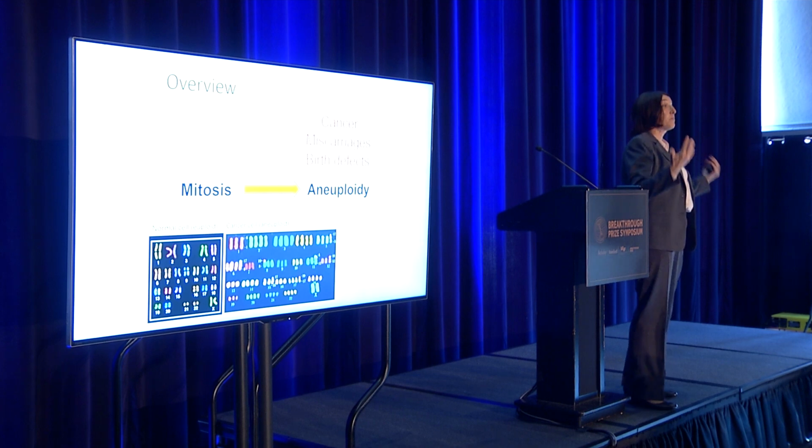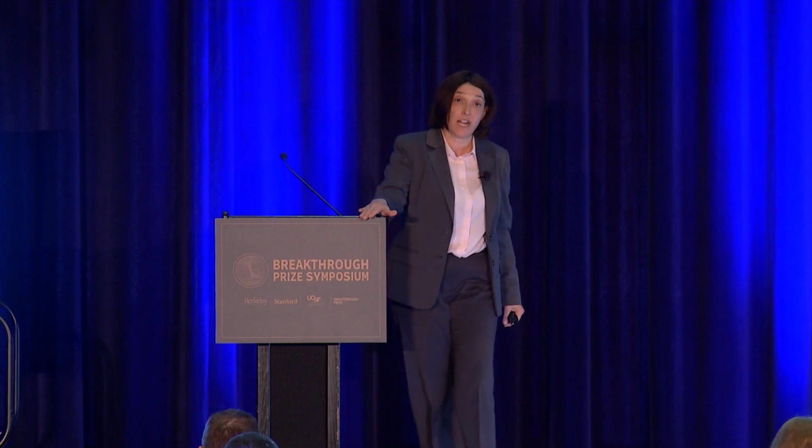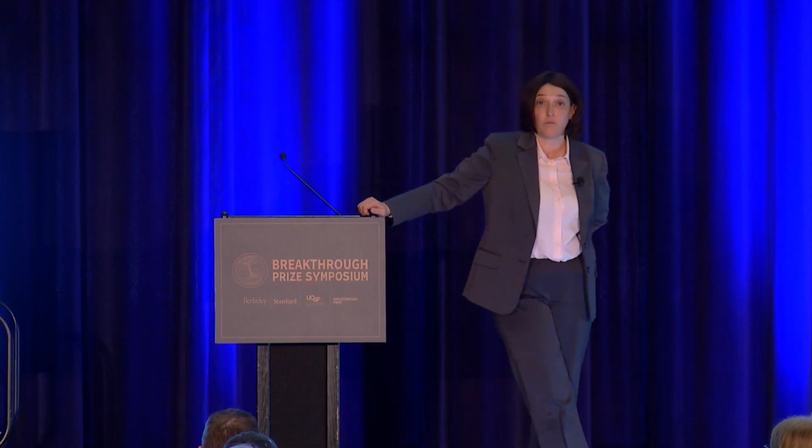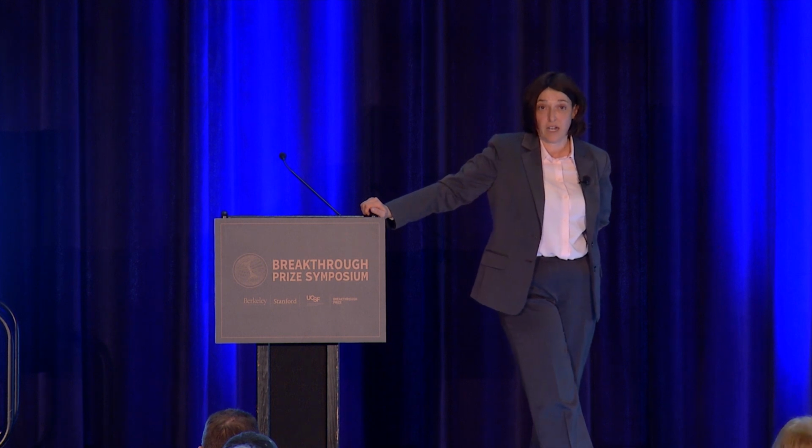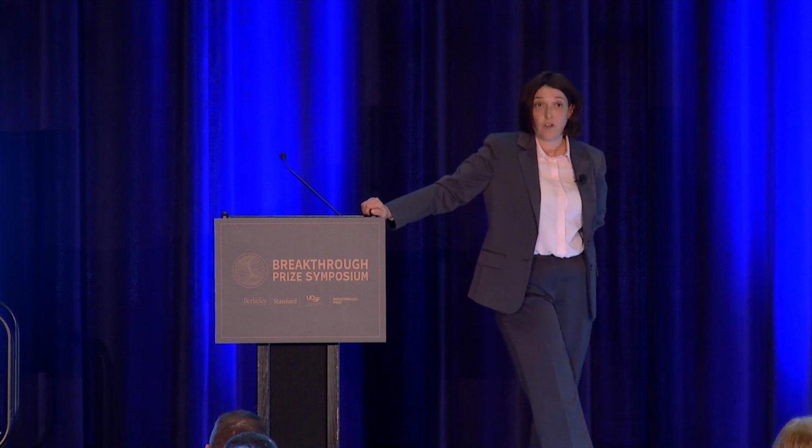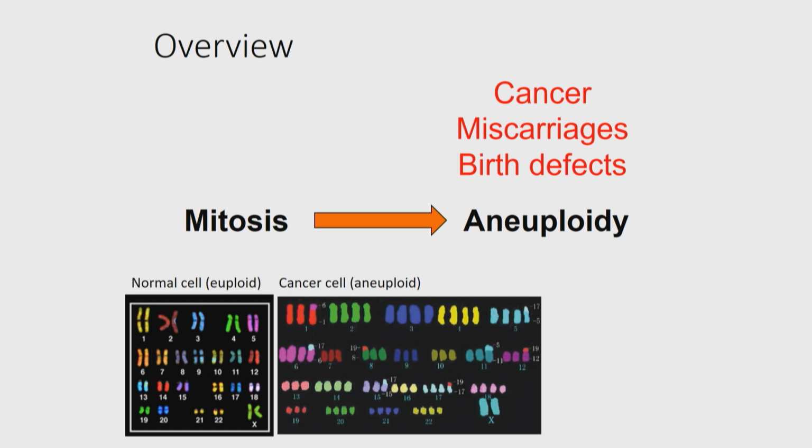There's another mutation that is characterized by being hyperactive. It's a mutation in the gene RAS. About 30% of human tumors have hyperactivating mutations in RAS. So clearly, aneuploidy is much more prevalent than any other genetic alteration in cancer.